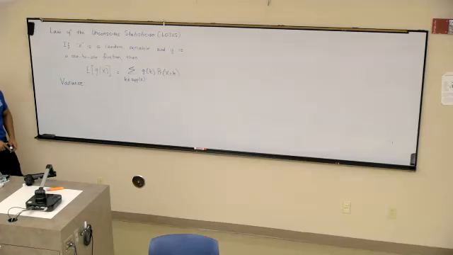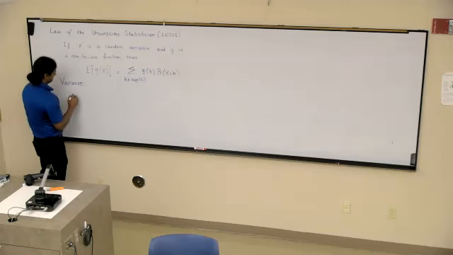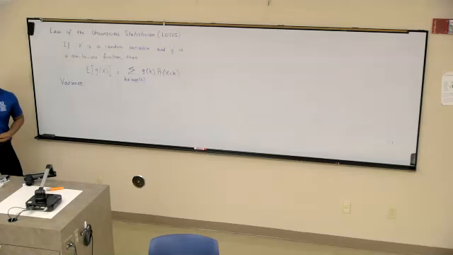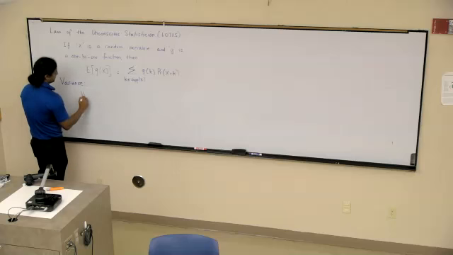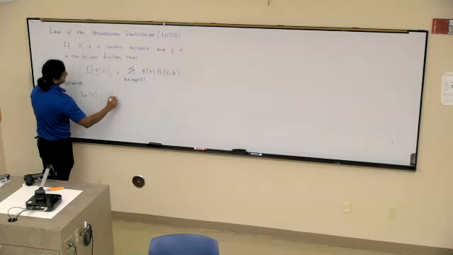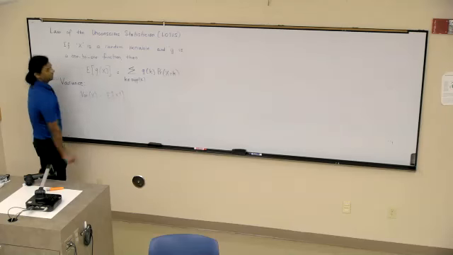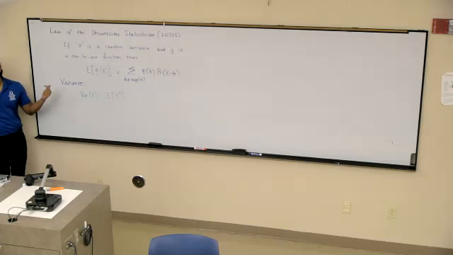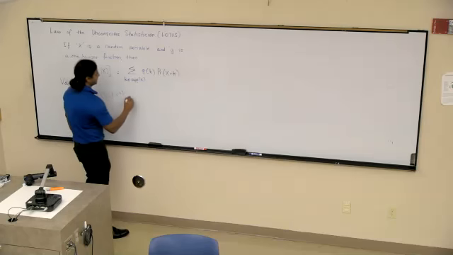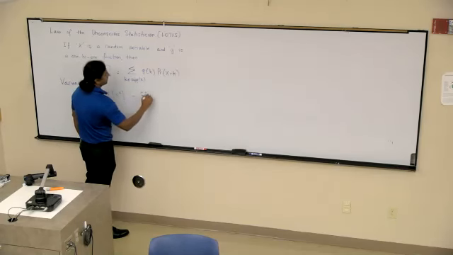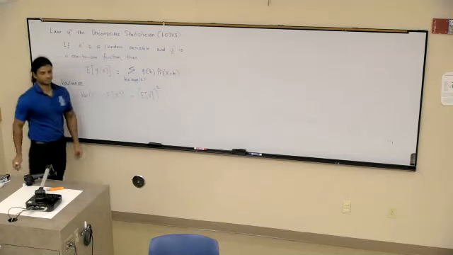What is variance? Well, you should know this in 2023. By definition, the variance of X is simply the expectation of X squared minus the expectation of X, whole squared.